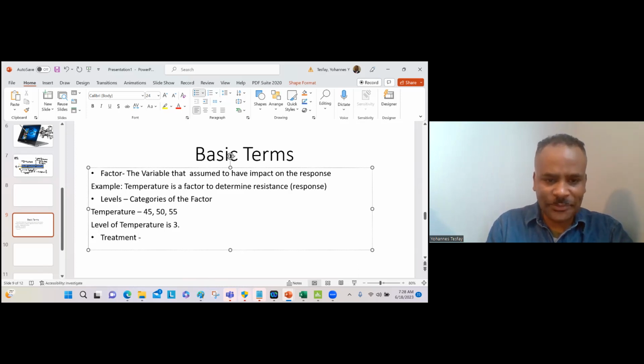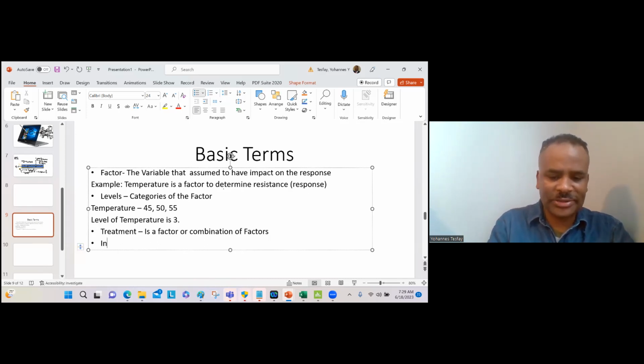Treatment is nothing but a factor or combination of factors. Combination of factors. Okay, just like that. So interaction effect.